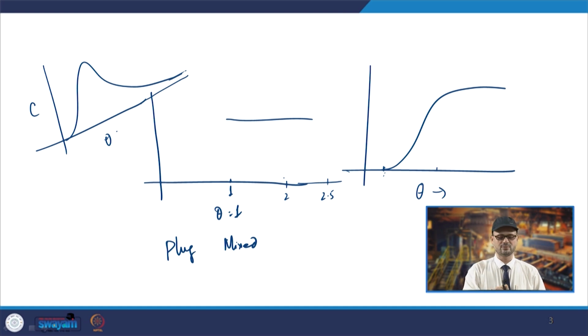So, we discussed the plug and the mixed flow which is happening inside the TUNDIS. What is meant to be said is that these two extremes, idealized plug flow and idealized mixed flow, are the two extremes, but the actual flow will stay in between these two kinds of flows.